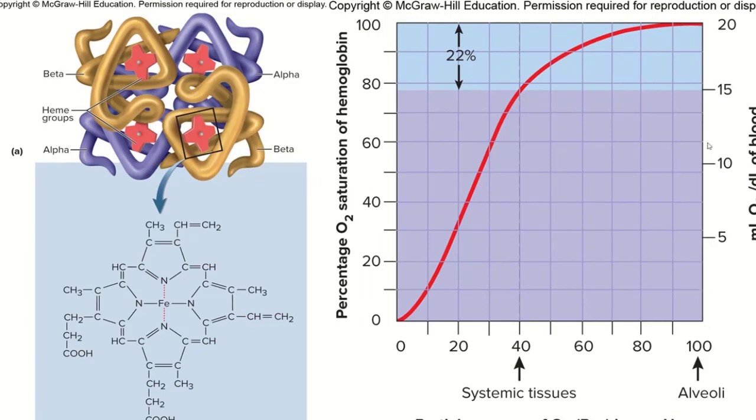And if we go up we see that hemoglobin is 100% saturated. So there are 4 oxygens that get put onto that hemoglobin when we get to the lungs. So we're going to come back and look at this in just a moment after we talk a little bit more about oxygen and hemoglobin.